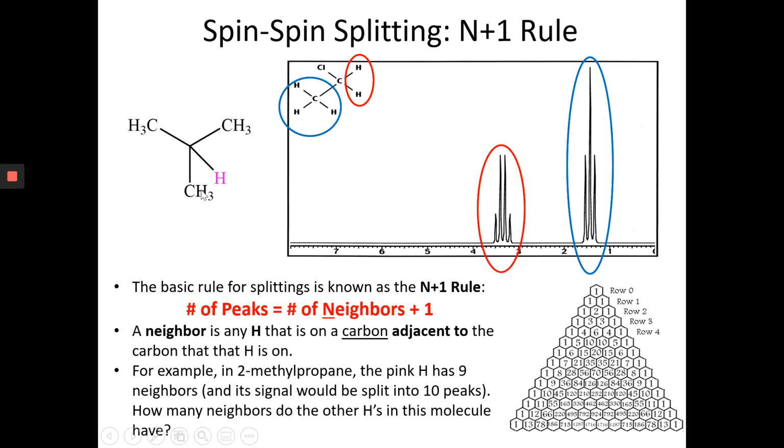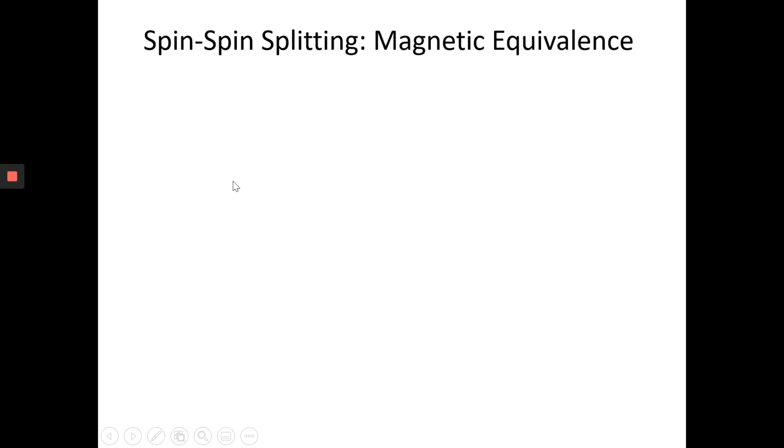Because they have 1 neighbor, their signal is going to be split into 2 to make a doublet. And in fact, because of symmetry, these and these and these are all the same. So all 9 of these hydrogens are going to give rise to the same signal, and it's going to look like a doublet because they all have 1 neighbor, that one.